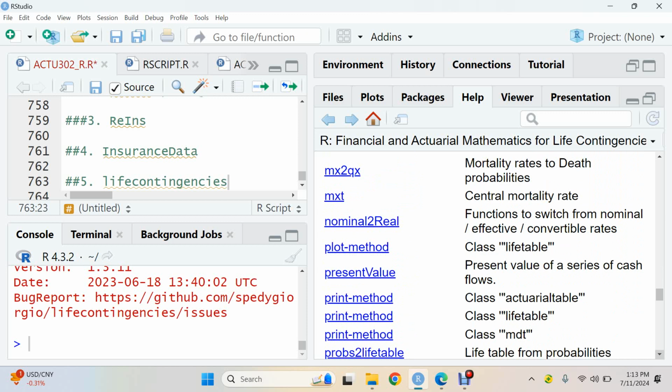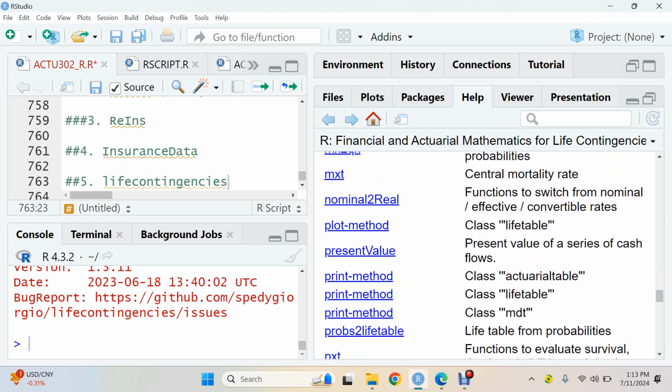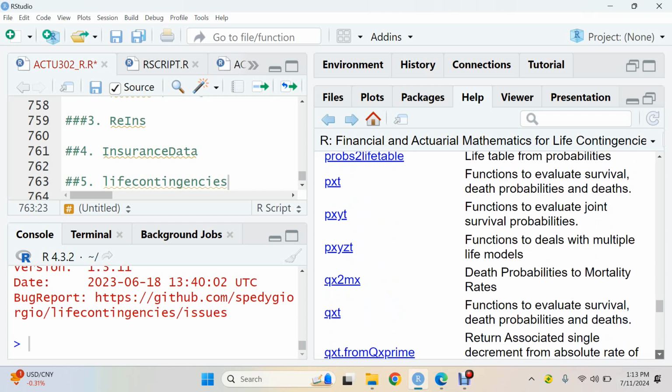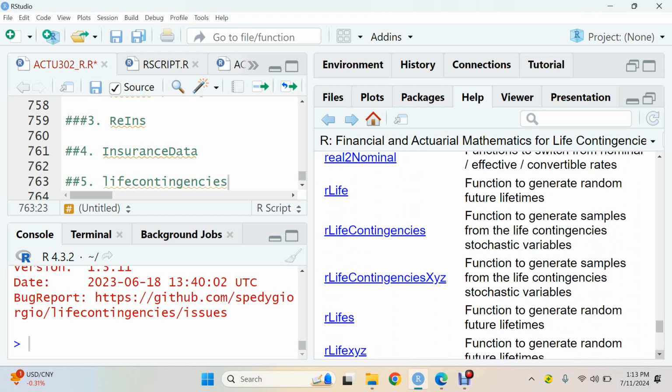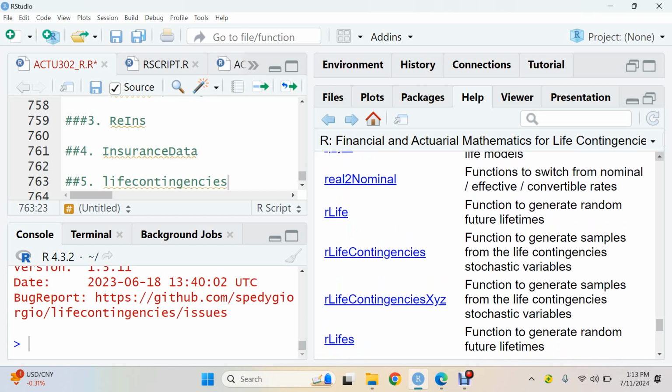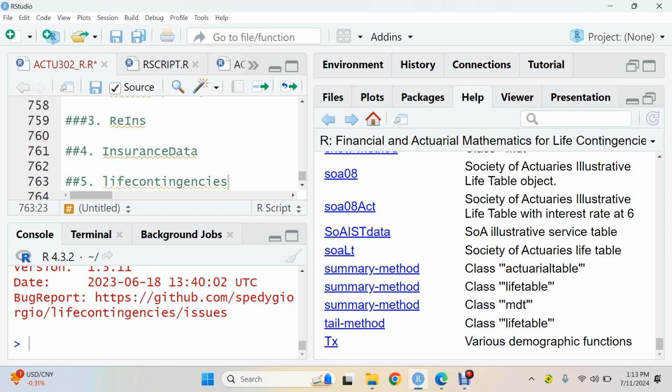Yeah, so it can calculate present values, just like we did with the other one. It can do interest rate conversions from effective to nominal and so forth. You found that in the financial math package as well. Okay, so that's it.